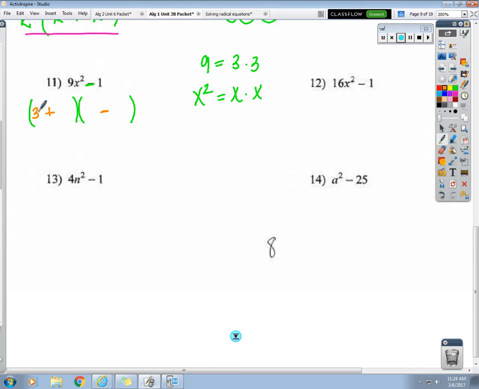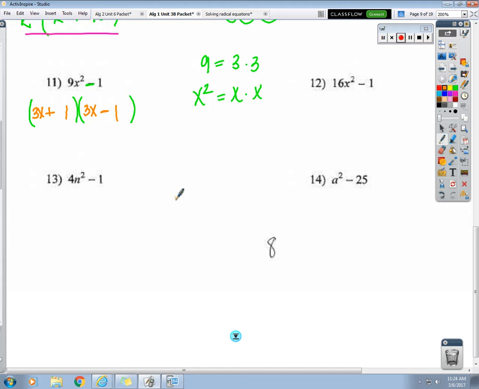Well, if you take a 3x and multiply it by another 3x, won't that make a 9x squared? You said 3. Okay, and then how can you get a 1? 1 times 1. And see how they almost match except for their signs, and that's when the middle's gone? You just had an x squared term and a constant term?